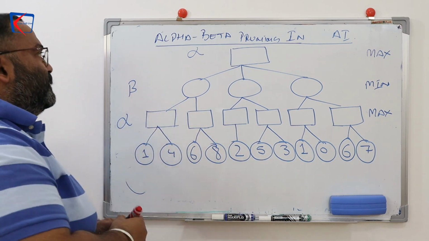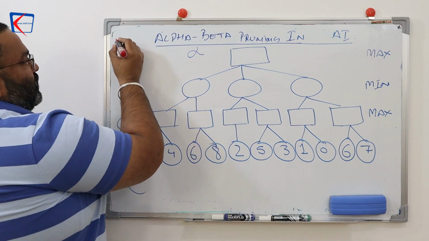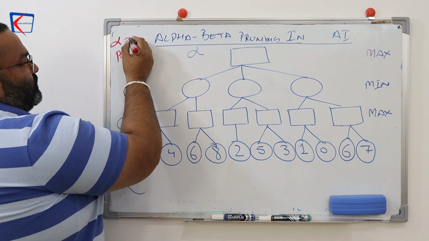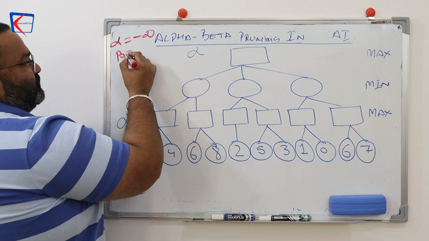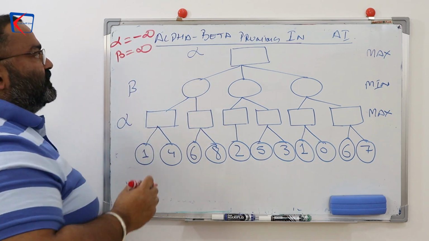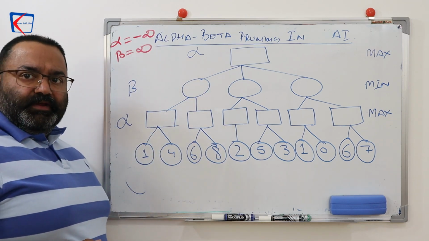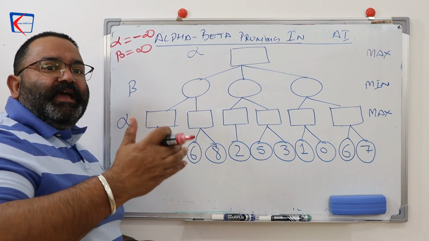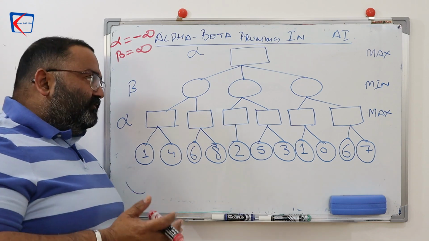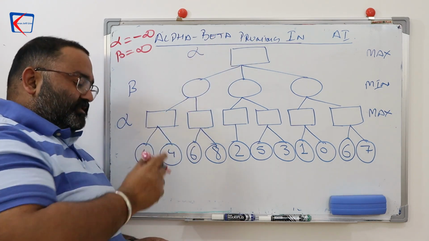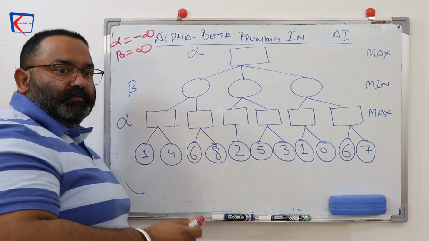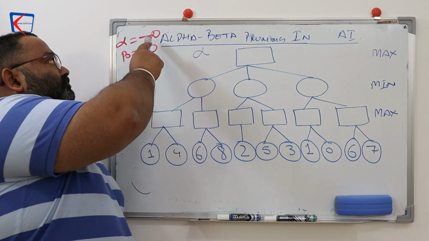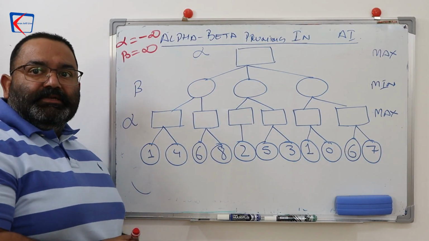Initially we assign alpha as minus infinity and beta as plus infinity. Then we start exploring the tree in DFS manner, that is, the depth first search method.